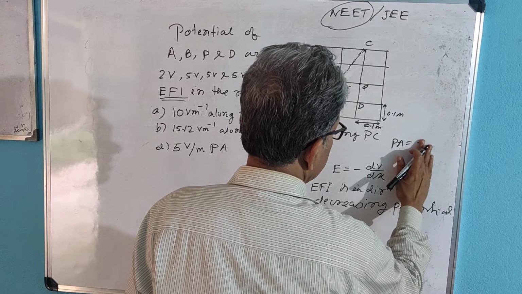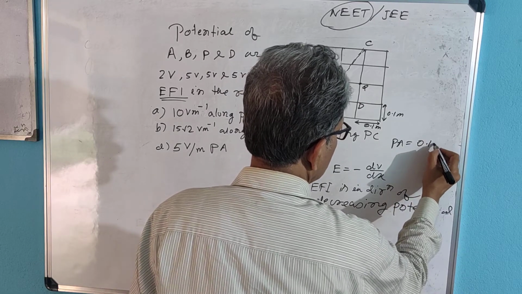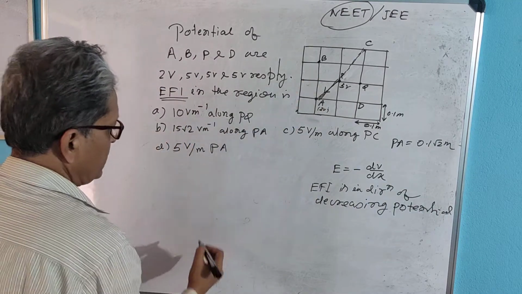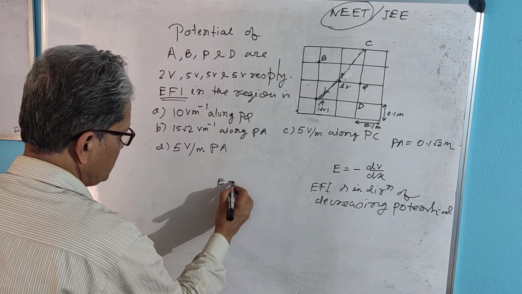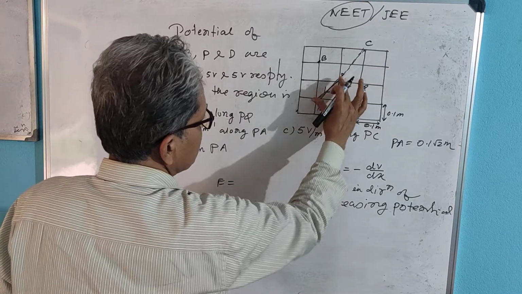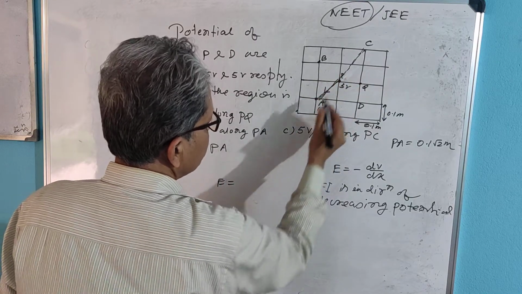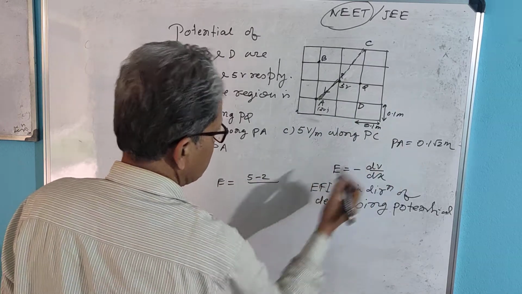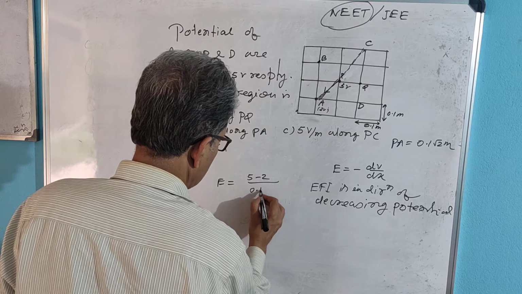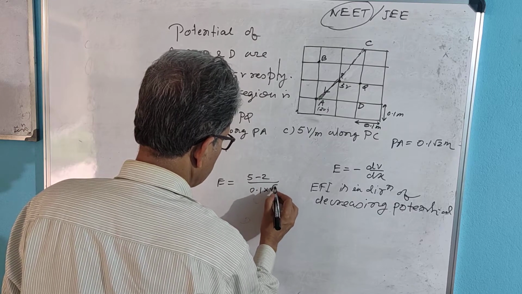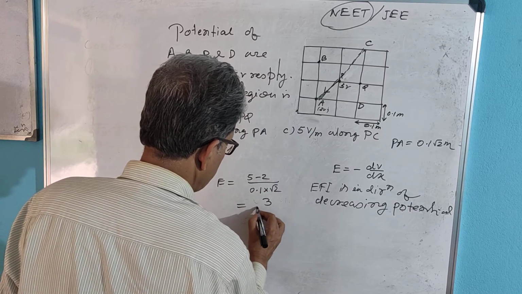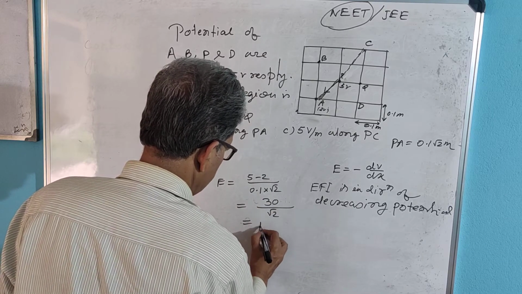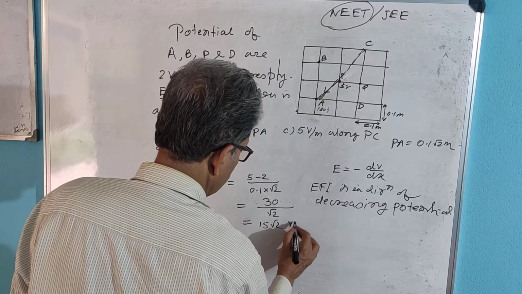Electric field intensity will be potential difference by distance. Potential difference 5 minus 2, divided by 0.1 root 2. So 3 by 0.1 root 2, which is 30 by root 2, that means 15 root 2 volt per meter.